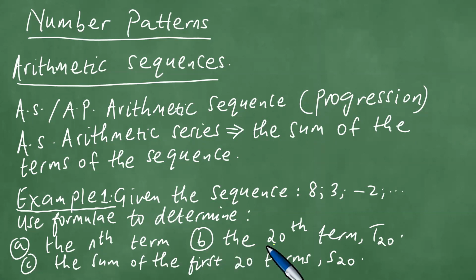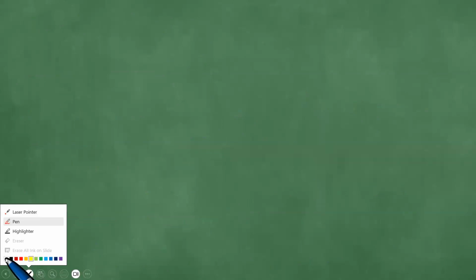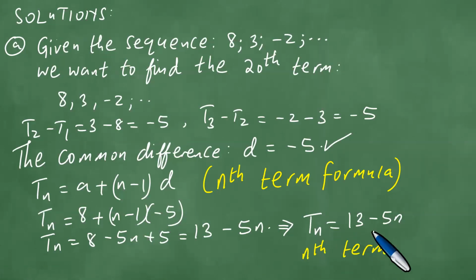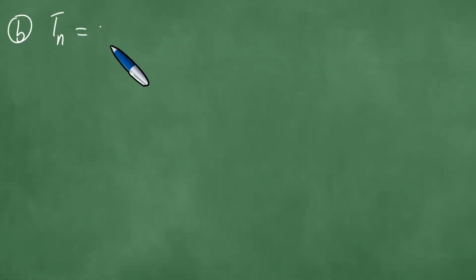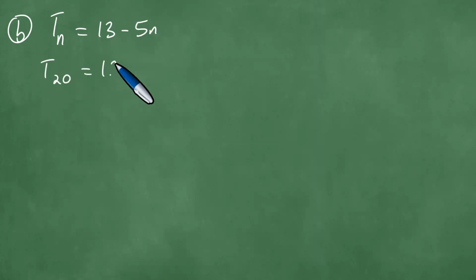Now, we need the 20th term. T sub 20. What is the 20th term? Right, so we shall look at part B. T20. Tn we have already seen. What is T sub n? T sub n is 13 minus 5n. T20 is 13 minus 5 into 20.